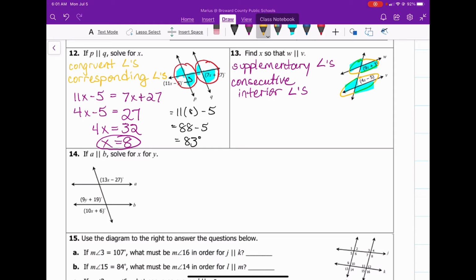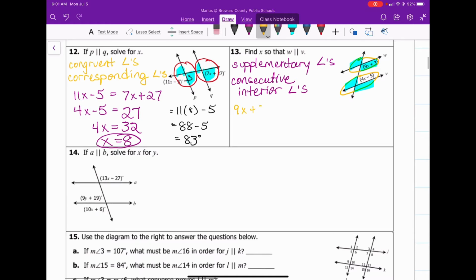So when we're doing our work, we're going to add them. That's going to be 9x plus 3 plus 4x minus 5 equals 180.